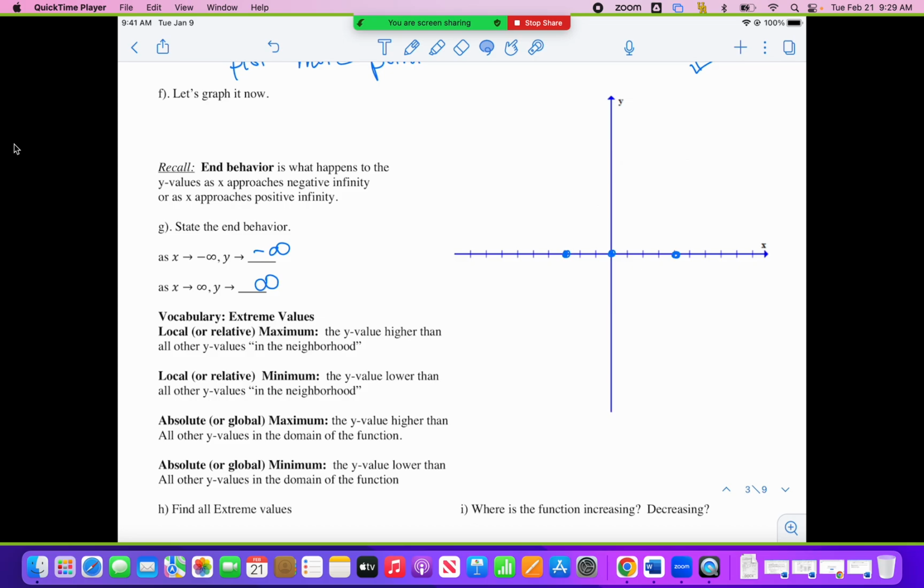And so this is 2x cubed. Now to enter 2x cubed, you hit the caret key 3. Okay? 2x cubed. Make sure you come down from that and minus 2x squared minus 24x.